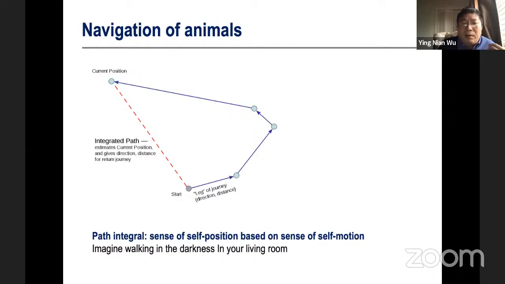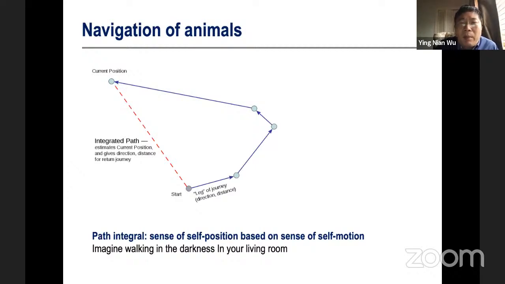By accumulating their self-motion, they should calculate where they are, even if they walk in the darkness. You can imagine that you walk in your living room in the darkness, trying to find the light switch, and you are aware of where you are based on how you move. That's the task of path integral.